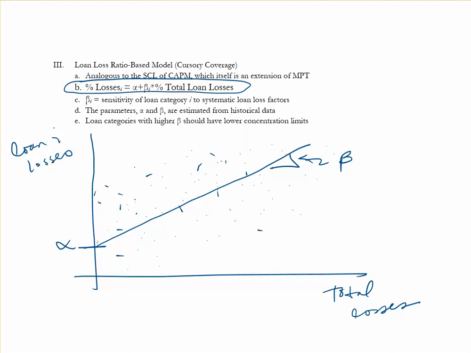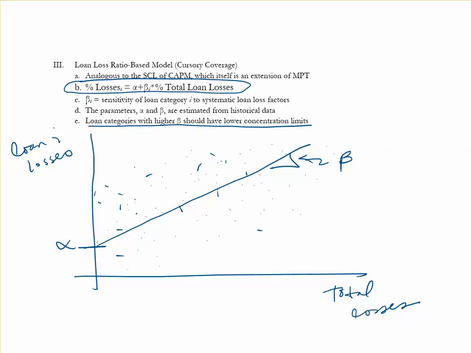And so the way you would use this would be: loans with higher beta should have lower concentration limits. So if there's a type of borrower that tends to default much more when an entire portfolio of loans is defaulting, then that would be one where you would impose some limit.